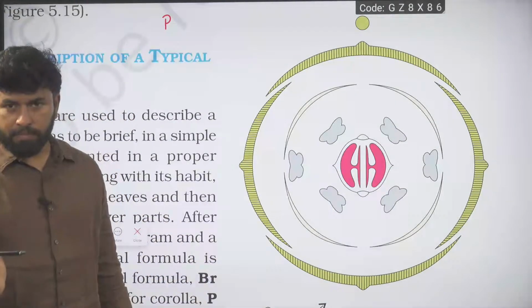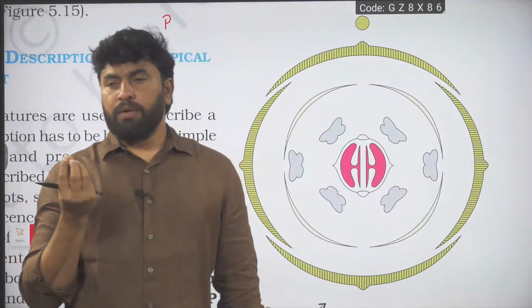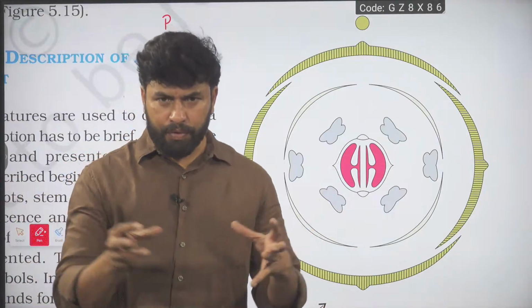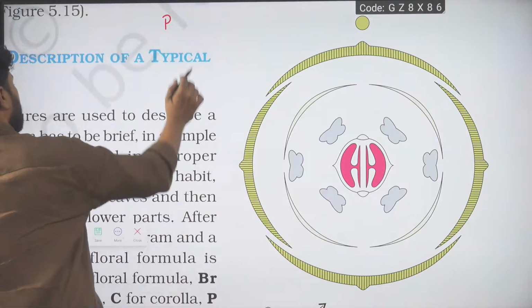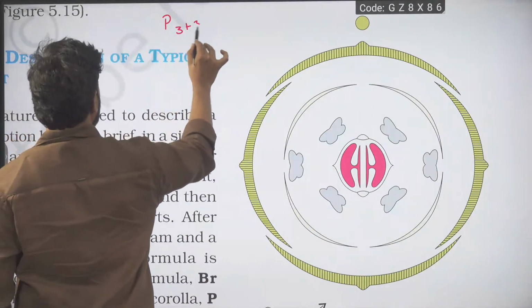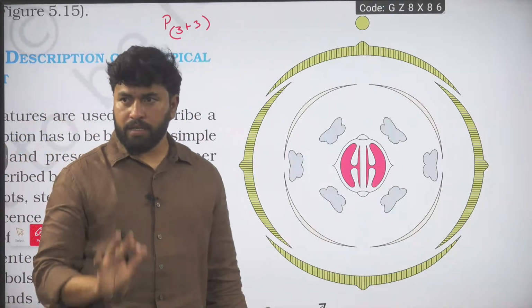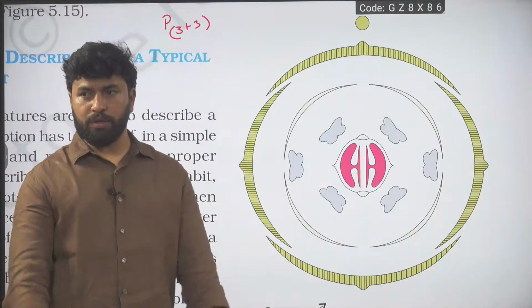Rules are the same. If you have 3 sepals, 3 petals, both are fused, then we will represent 3 plus 3 under the parenthesis. Is it okay? In the same manner, what to do?